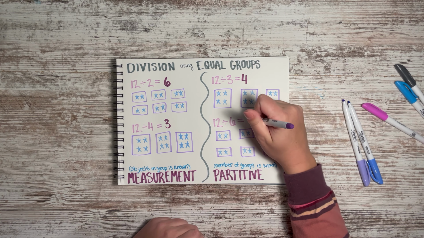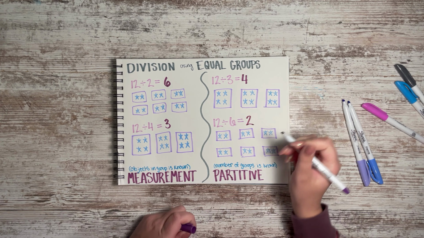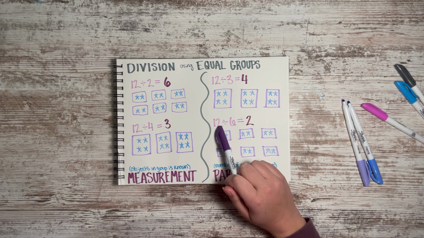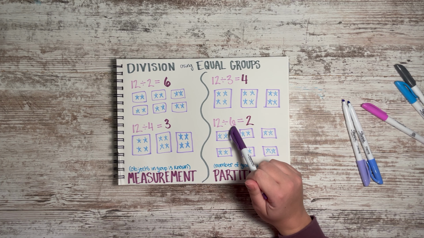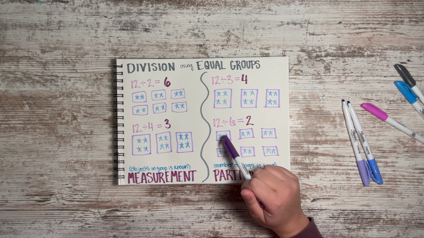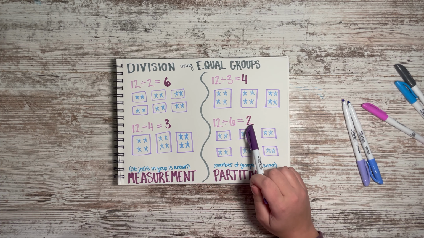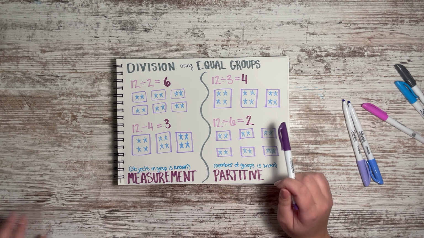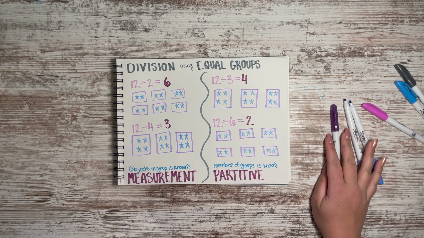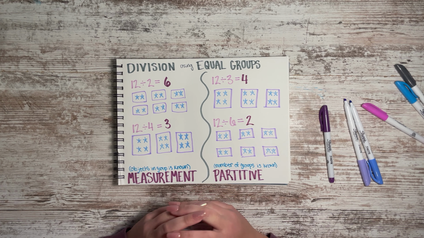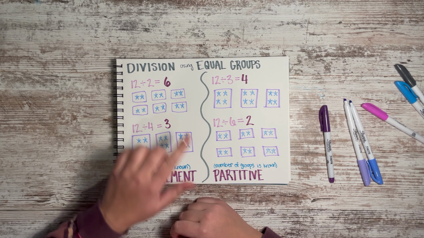And remember, a quotient is just an answer to a division problem. So we knew we had 12 objects total, and that we were going to have 6 groups. So we divided those 12 into 6 groups and found that there were 2 in each group. So now that we know how to solve division equations using equal groups, you'll be able to do this pretty easily.